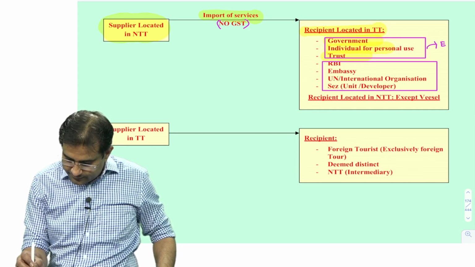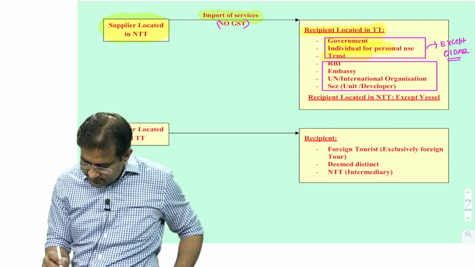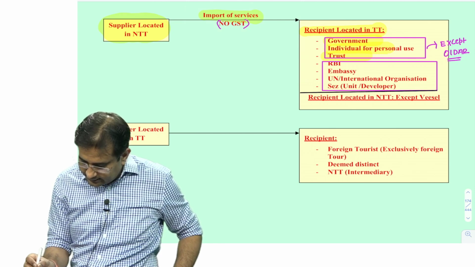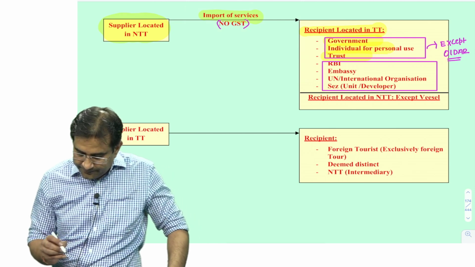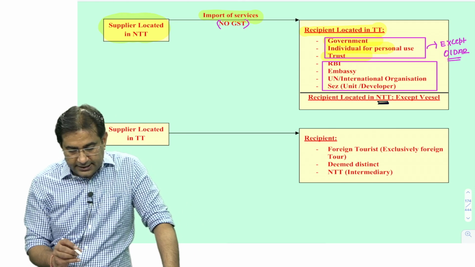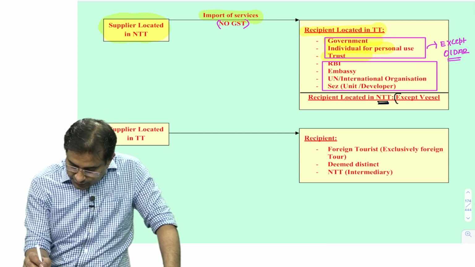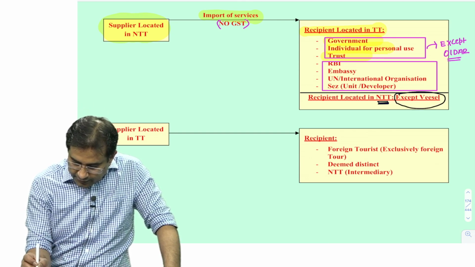Okay, now the exceptions: one of the exceptions in this case is OIDAR. And one more thing, here is a separate limb of this activity. Where the recipient location is an entity, there is an exemption, but this particular exemption is not applicable in respect of vessels.